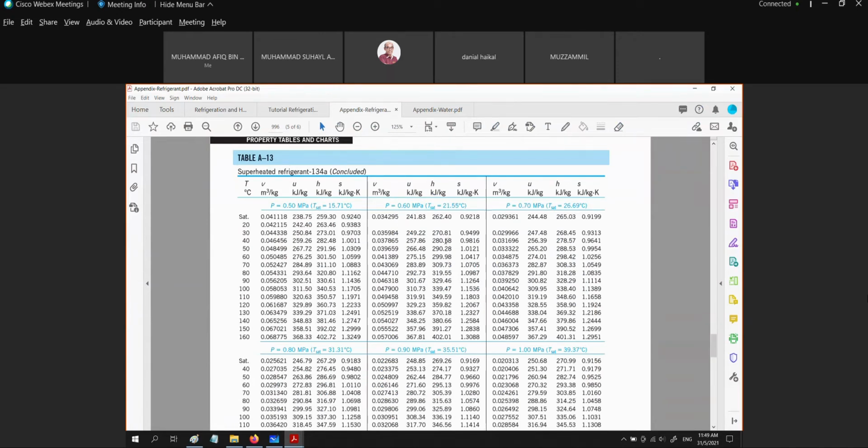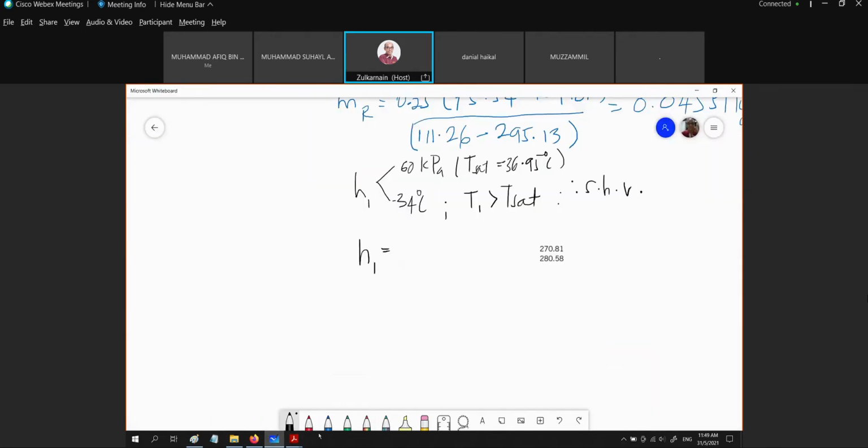Between 30 and 40. This is at 30, this is at 40. We want to get at 34 degrees C. This is our H1. Please interpolate, get the H1.